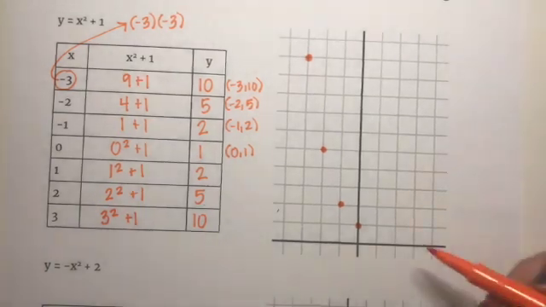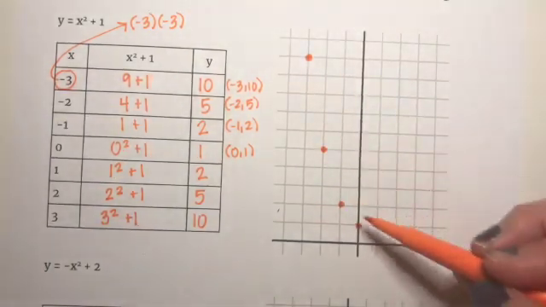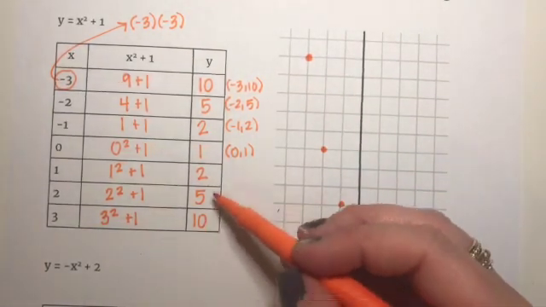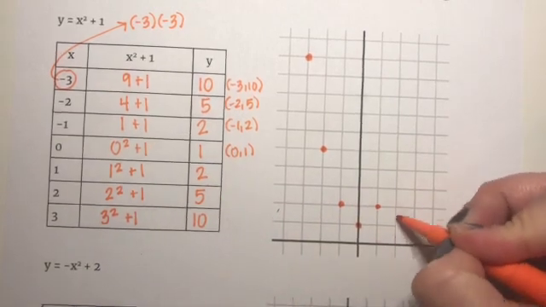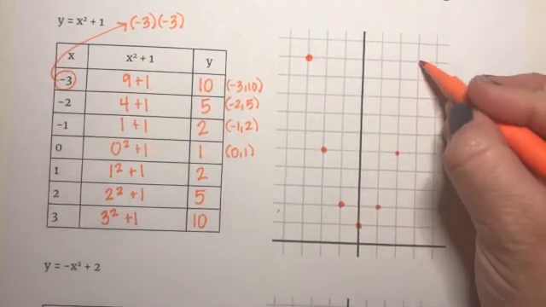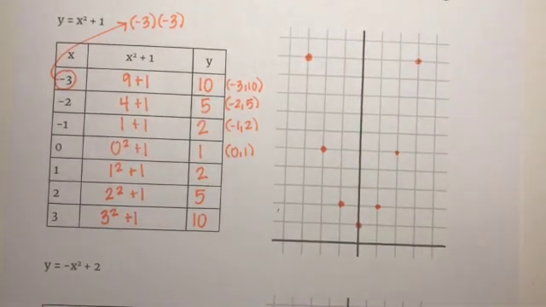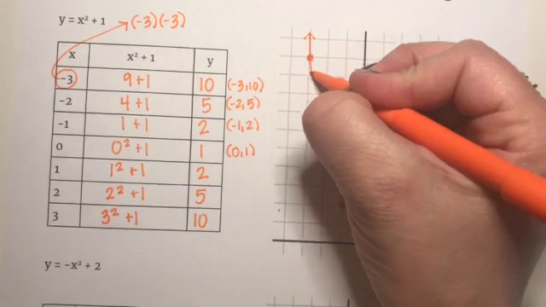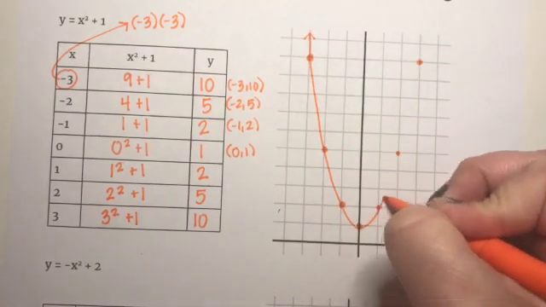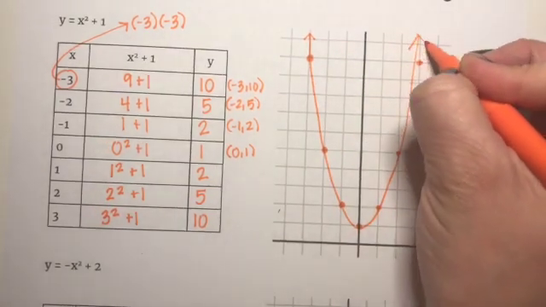Okay, so obviously this is not straight, right? I can't connect that with a straight line. So let's see what happens on the other side. So I have 1, 2, 2, 5, and 3, 10. Well, it looks like a mirror, right? It's the exact same on both sides. So what we're going to do is connect this with what's called a smooth curve.